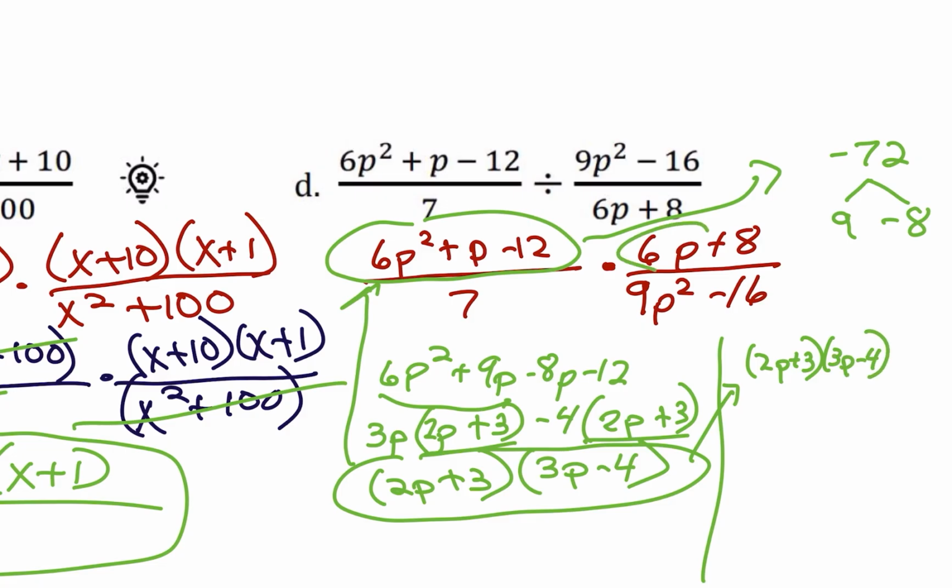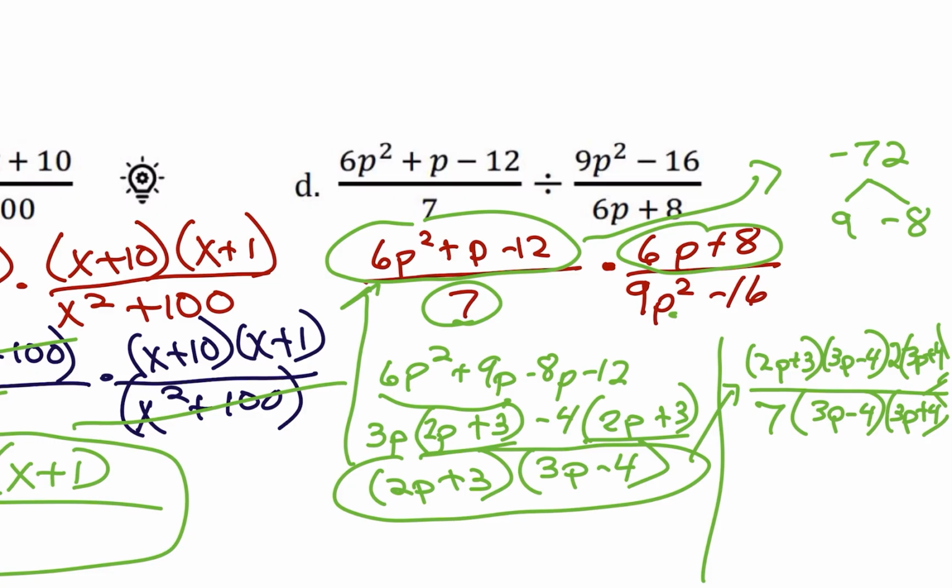And then I'm going to take that 6p plus 8 and write it with a GCF taken out, so it's going to be times 2, and then inside we have 3p plus 4. Sorry, not very legible there. Okay, so now that is all going to be over the 7 from here. And then we know that 9p squared minus 16 is going to be 3p minus 4 and 3p plus 4.